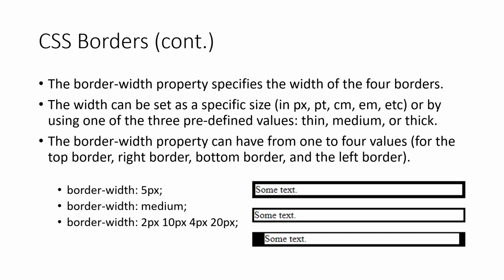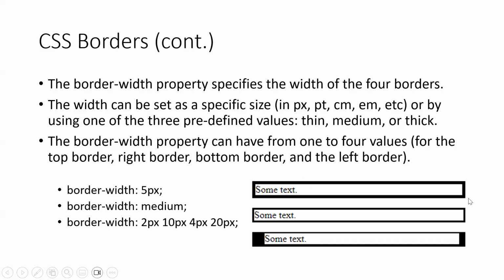Then ideally, when you apply the border, we specify the width of the four borders. So you can notice that here we can use different ways to represent it. Here we say border width and 5 pixels.